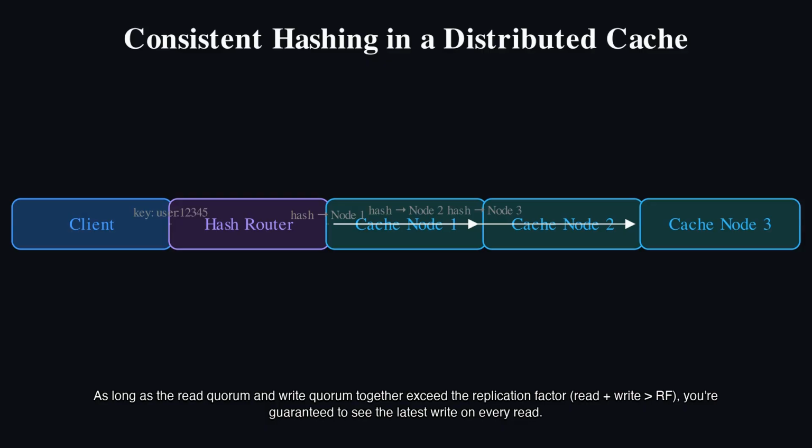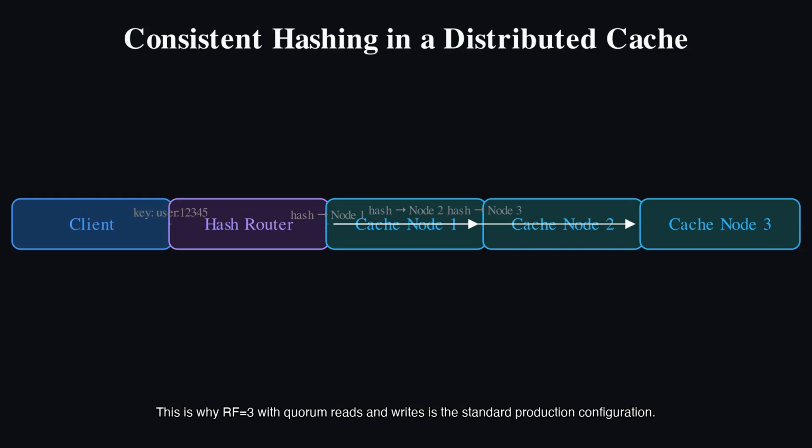As long as the read quorum and write quorum together exceed the replication factor, R + W > RF, you're guaranteed to see the latest write on every read. This is why RF=3 with quorum reads and writes is the standard production configuration. It tolerates a single node failure on either reads or writes without sacrificing consistency.